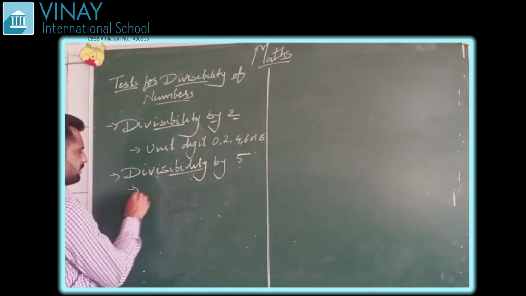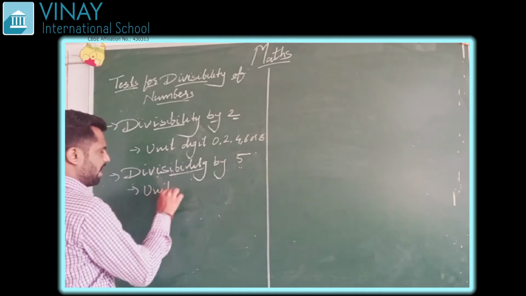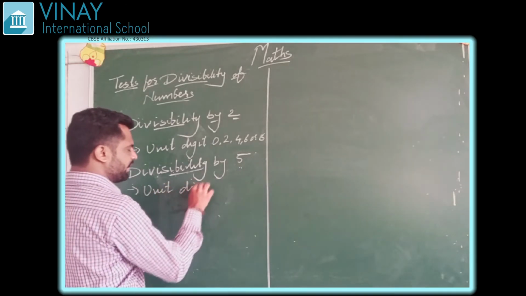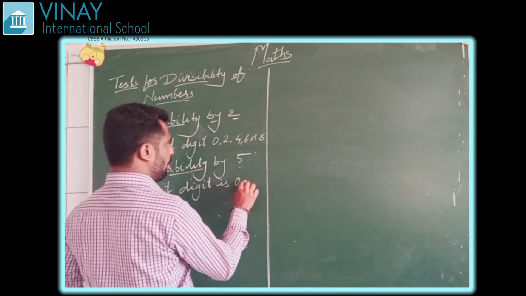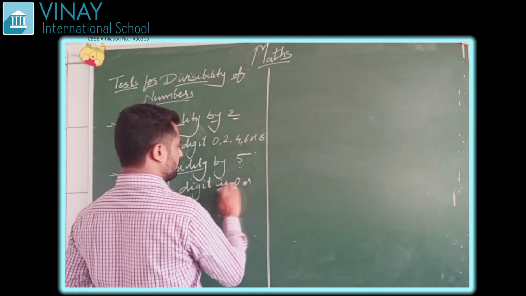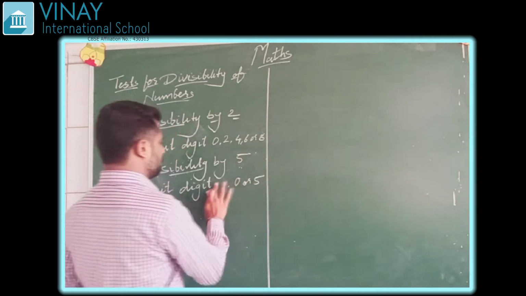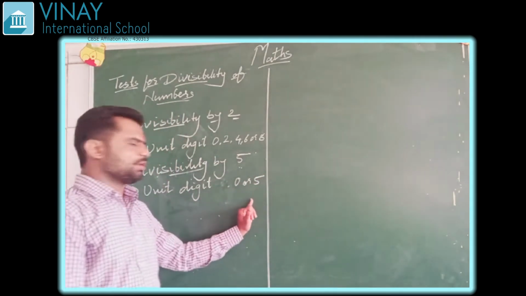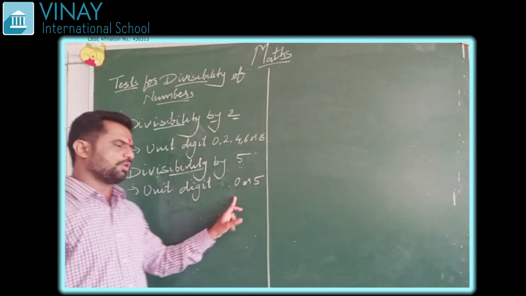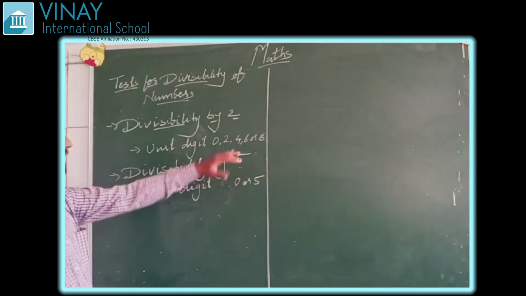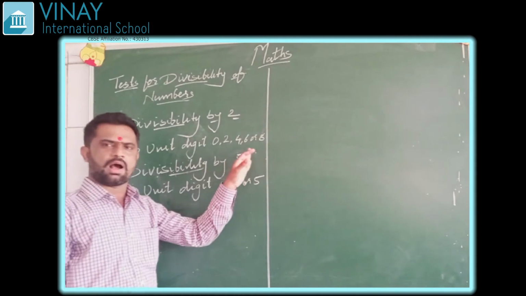Any number is divisible by 5 if its unit digit is 0 or 5. Here also we just need to see the unit digit. If it is 0 or 5, it means that the number is divisible by 5.